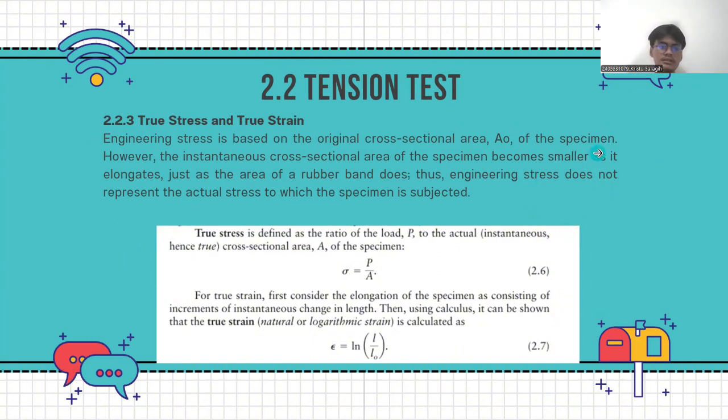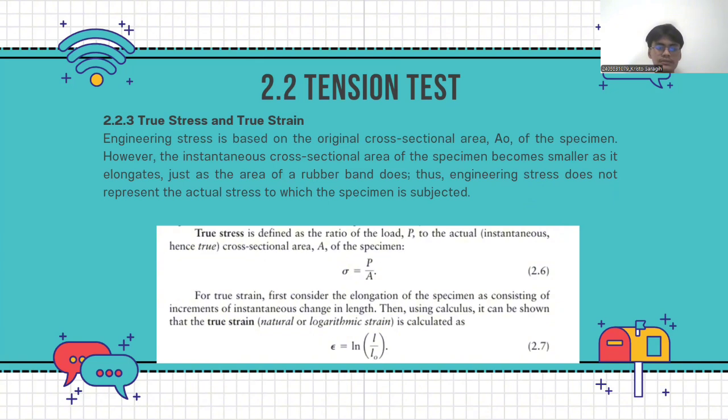True stress is defined as the ratio of the load P to the actual or instantaneous, hence true, cross-sectional area A of the specimen: sigma = P/A.